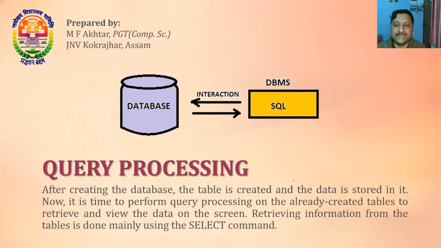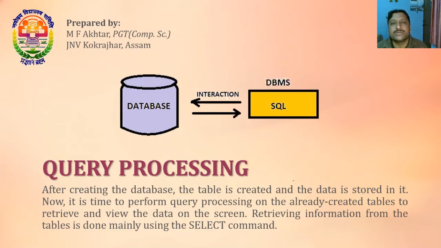Query processing means once we have created a database and then created a table and stored some data in it, we can perform several types of query-related processing with the table, so that we can retrieve particular information or filter some information.